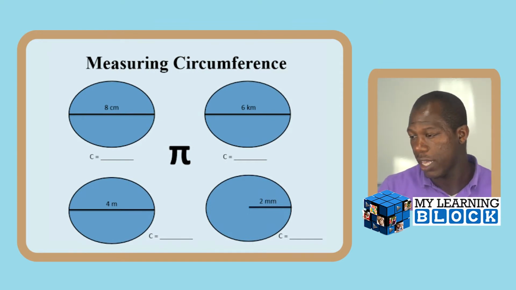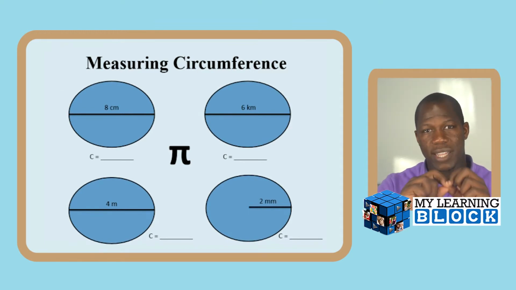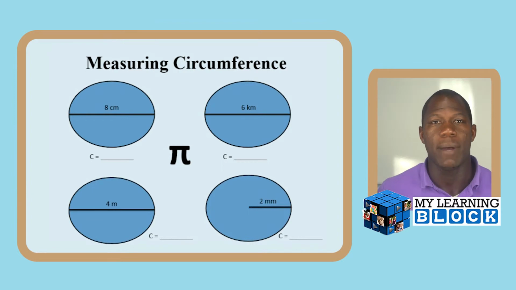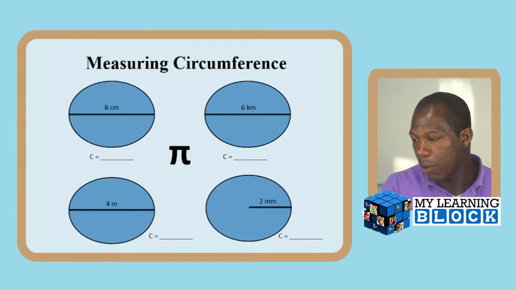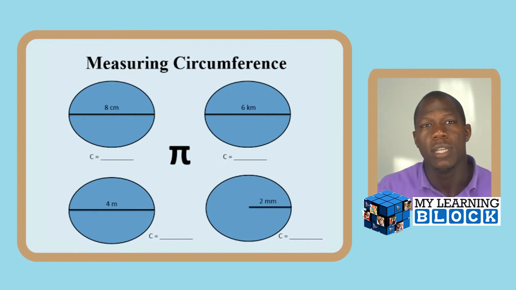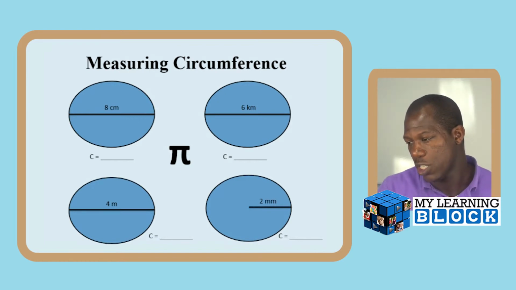And remember the equation when you're working with your child, you want to just let them know you take that line across, multiply by pi. Or if you have the radius, you take that radius, double it, multiply by pi. And when your child understands that formula, finding the circumference of a circle can be really quick, really quick.